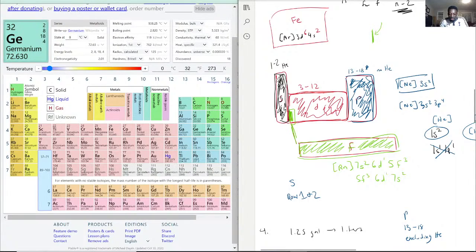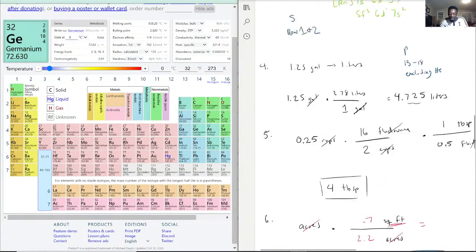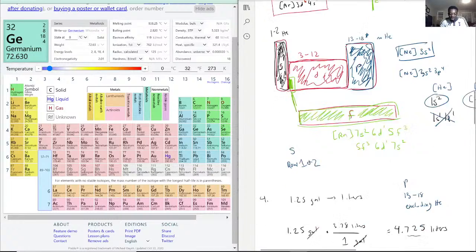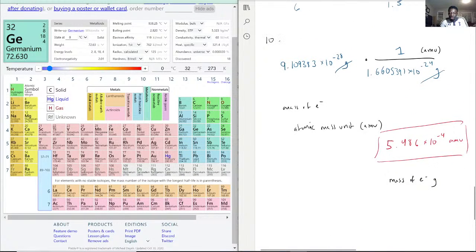And with that, that is all I have for tonight. Hopefully going over this question again has cleared up some confusion in terms of how to count it. Just remember that other than helium, the S's are the first 2 rows, the P's are the last 6 rows, the D shells are in between, so 3 to 12, and then the F is just the lanthanum and actinium series, not including lanthanum and actinium themselves, because those are still technically in the D shell row.